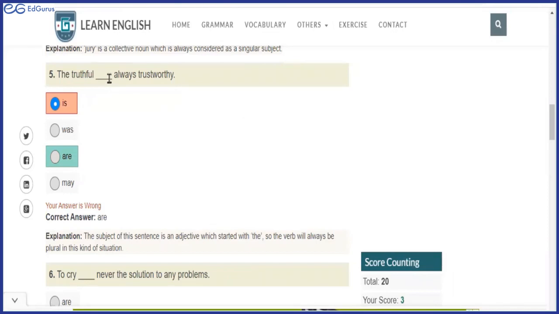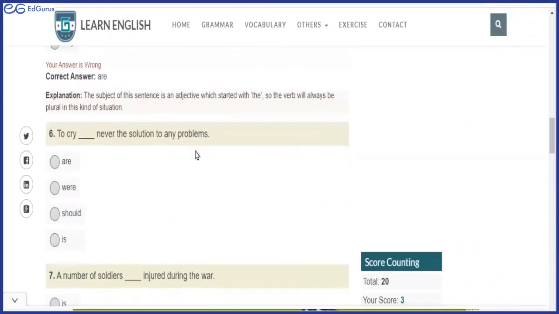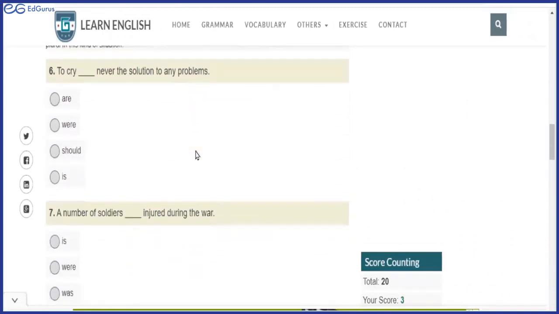It is the truthful, right? So the truthful indicates that it is a plural subject, so plural verb will be used. This is what we have to count. We have to see whether a article has been used or the article has been used. Right? Okay. The next. To cry dash, never the solution to any problem.